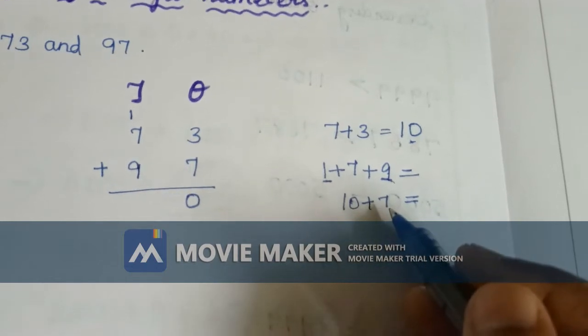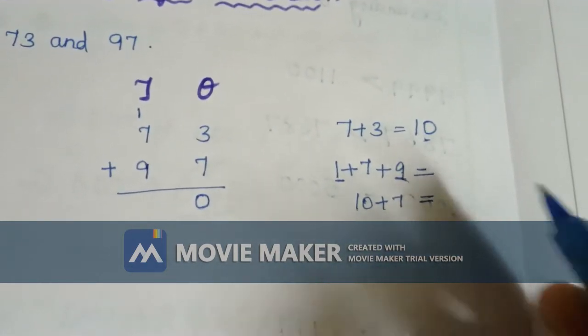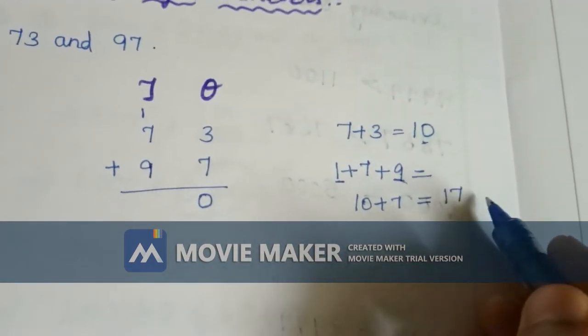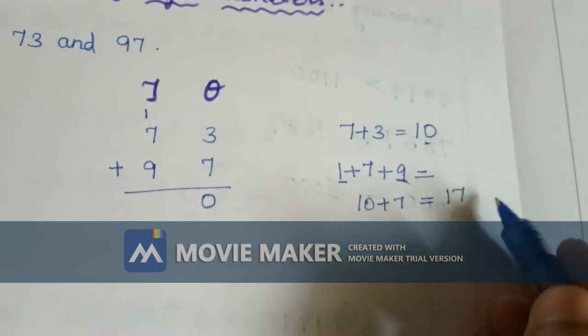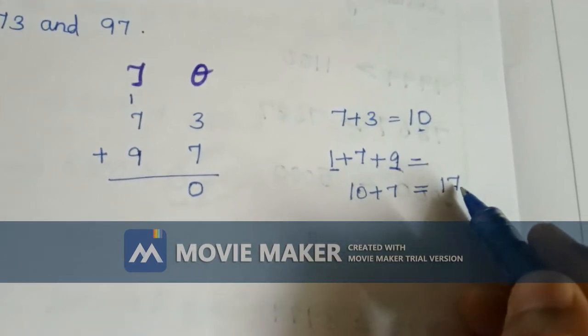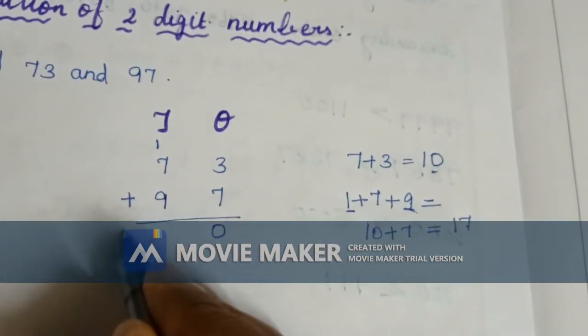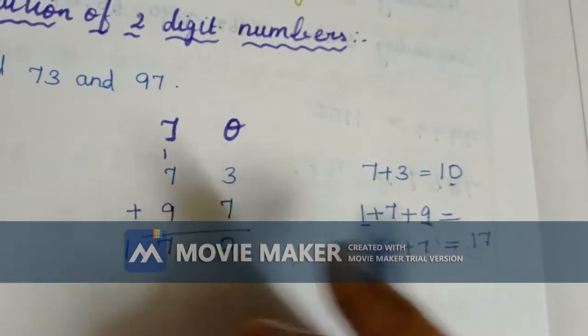So 10, after that 11, 12, 13, 14, 15, 16 and 17. 17 tens. So you have to regroup the 17 tens as 1 hundred and 7 tens. That means you have to write 7 in the tens place and 1 in the hundreds place.